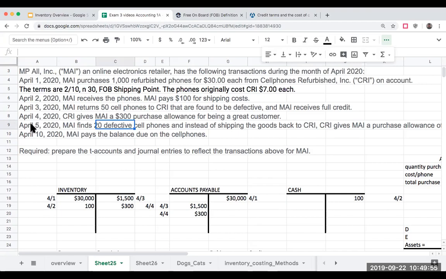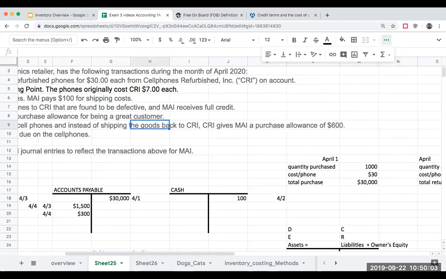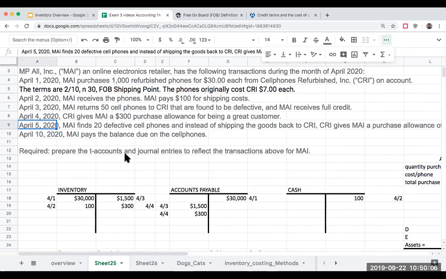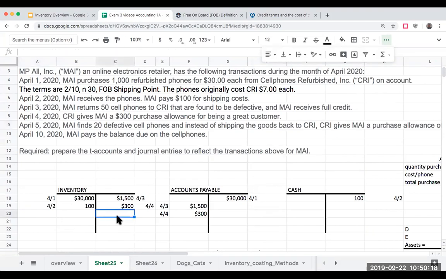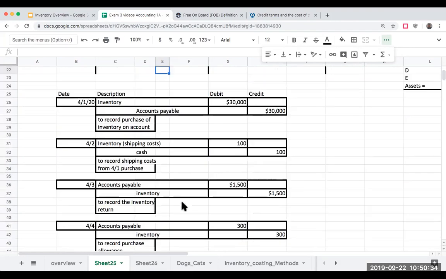Okay, so I find 20 defective cell phones, and instead of shipping the goods back to CRI, they give us a purchase allowance of $600. Same thing as above: I'm going to credit inventory for the amount of the purchase allowance, on April 5th.